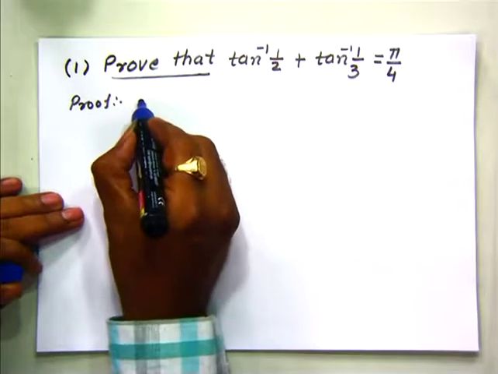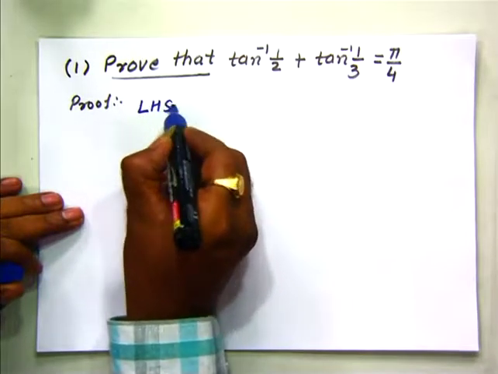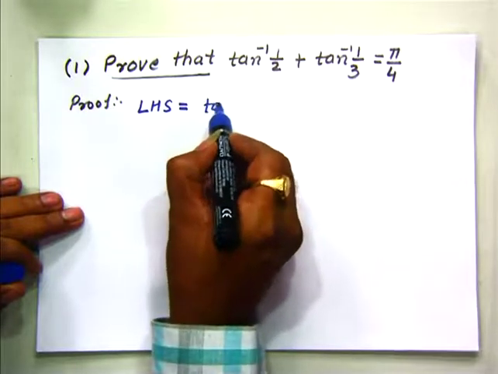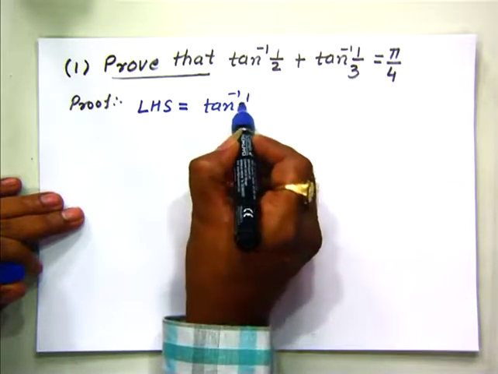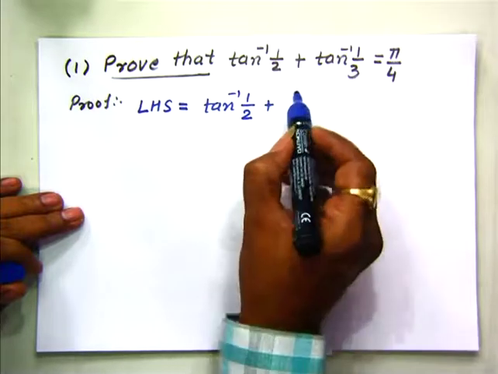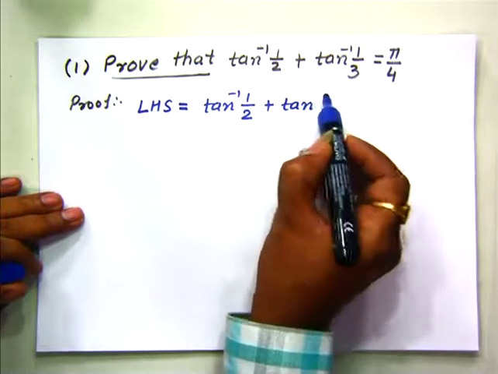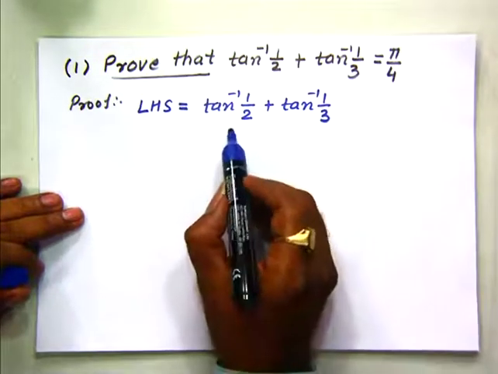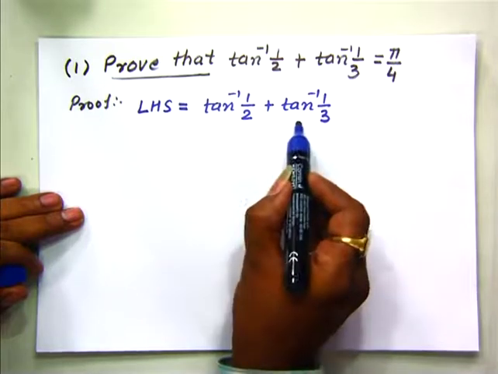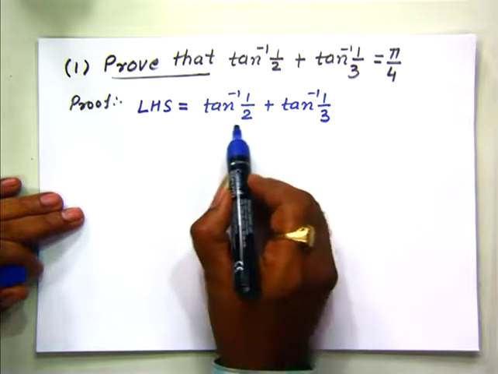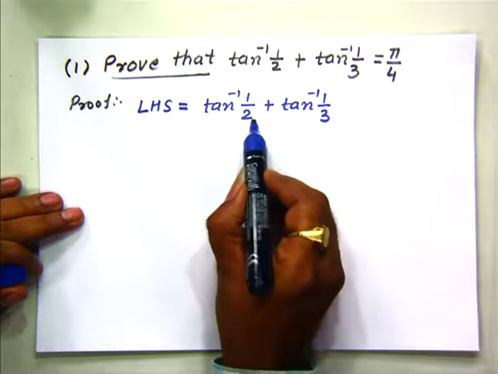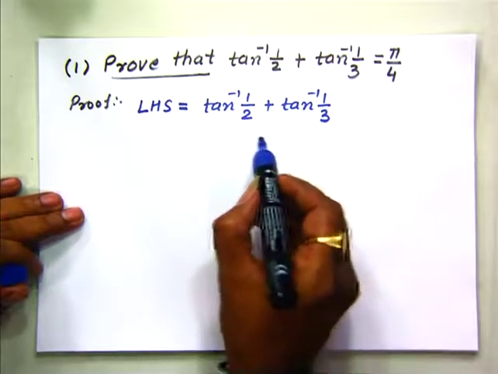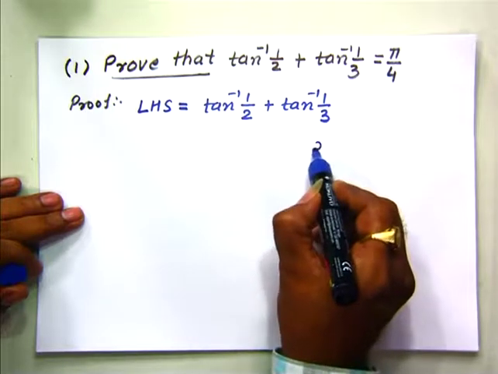Let's start with LHS. Our LHS equal to tan inverse 1 by 2 plus tan inverse 1 by 3. Now compare this LHS with tan inverse x plus tan inverse y. So here, what is x?